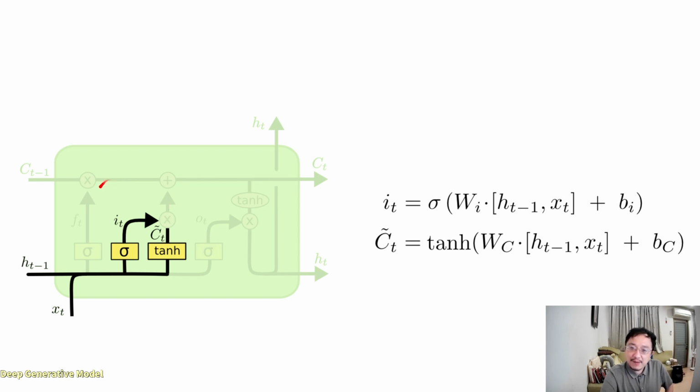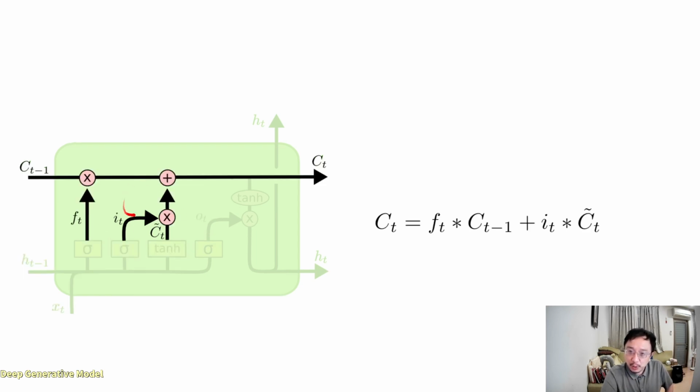Okay, so after these two gates do their work, we can have a new long-term memory Ct updated from Ct-1: keep something and forget something, and update something and not update something, and we get a new long-term memory right here.